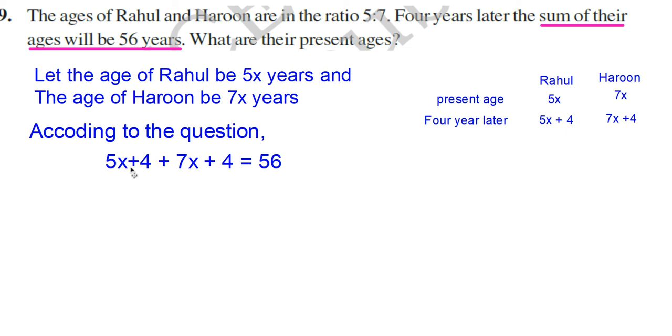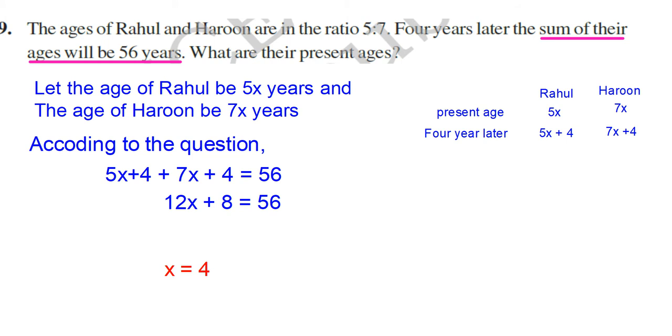Here 5x and 7x you can add first, and 4 plus 4 is 8. So the next step you can write as 5x plus 7x is equal to 12x plus 8 is equal to 56. Now you transpose 8 to the other side, then divide by 12, and you will get the value of x. After solving this, you will get x is equal to 4.